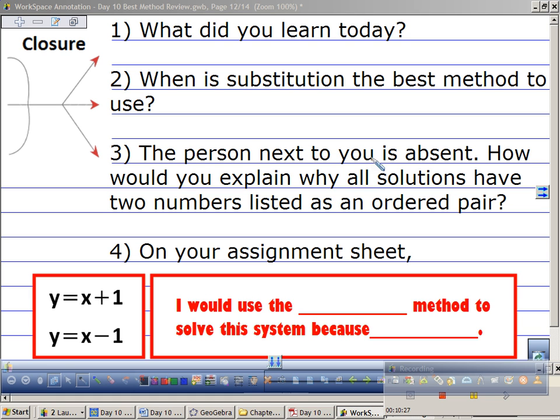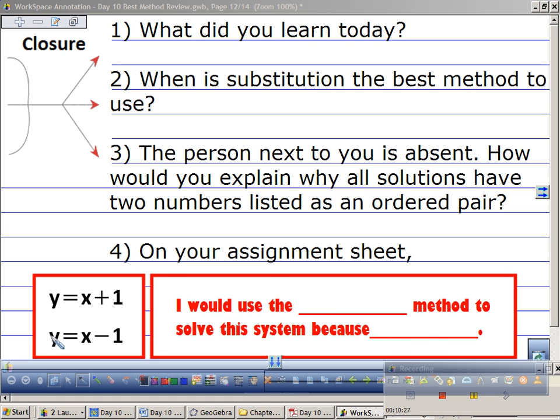Why do all solutions have an ordered pair, the x comma y? Why do all of them have that? Okay, specifically, what's happening to the two lines on the graph? Their intersection. Perfect.